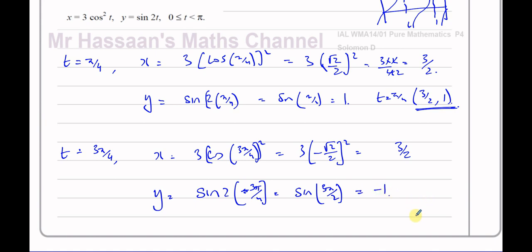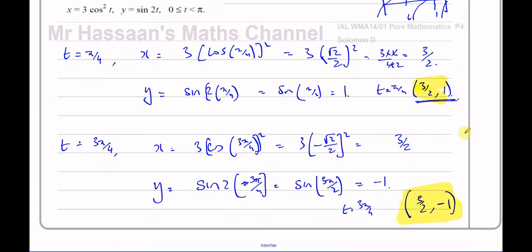So when t equals 3 pi over 4, the other coordinate is x is 3 over 2 and y is minus 1. So those are the two places where the curve has a gradient of 0. So there's the answer to part B of this question: the 2 points where the gradient of the curve is equal to 0.